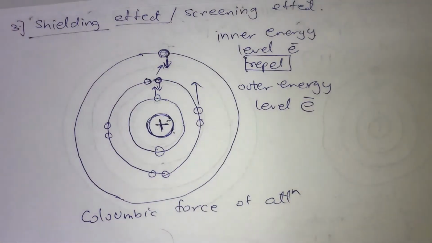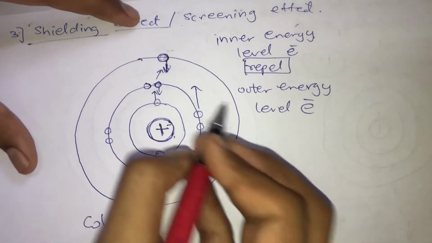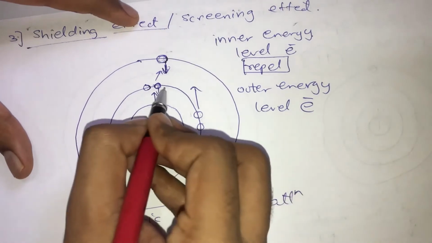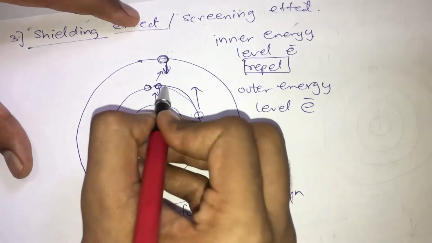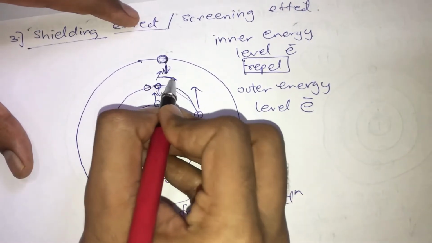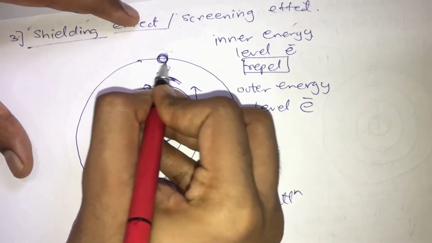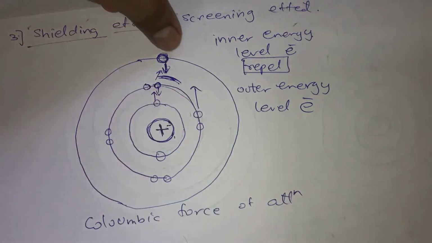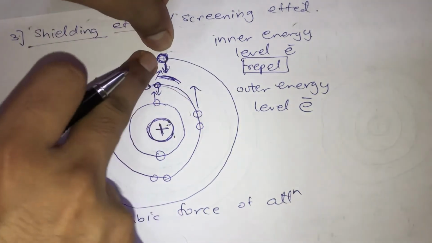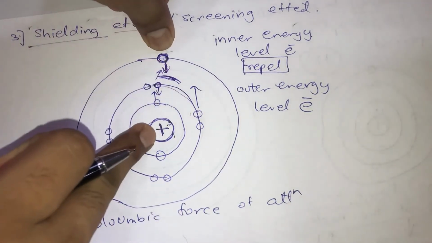Now why is it known as the shielding effect? Why has it been given the name shielding? Because these second energy level electrons act as a shield for this third energy level electron and do not allow this electron to get pulled towards the nucleus.